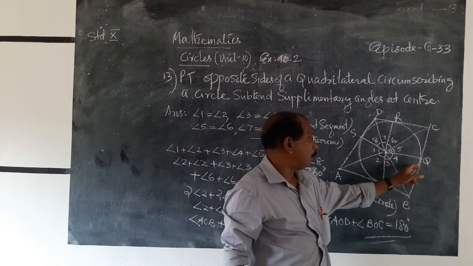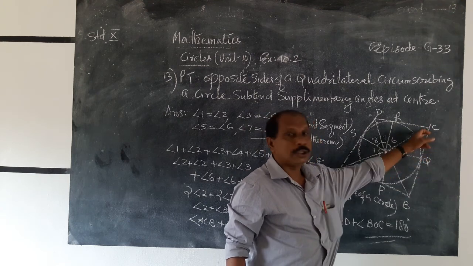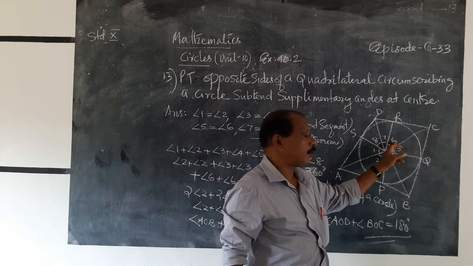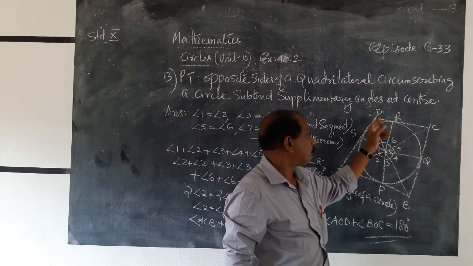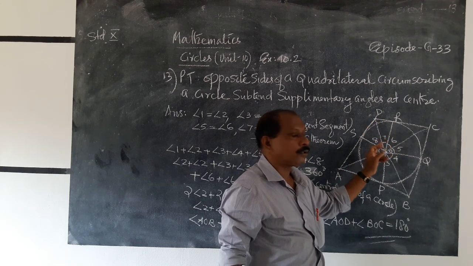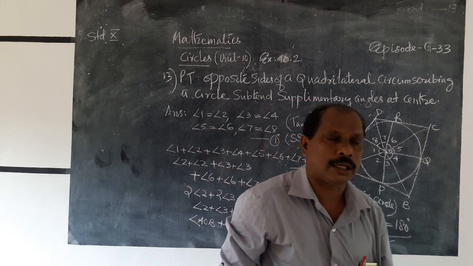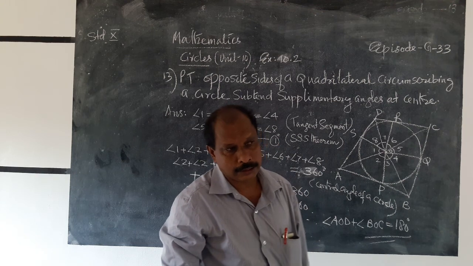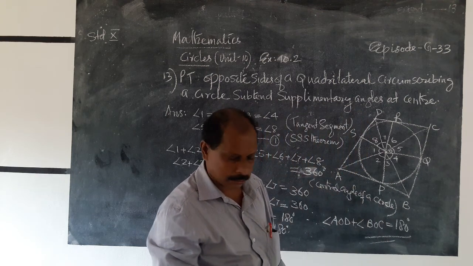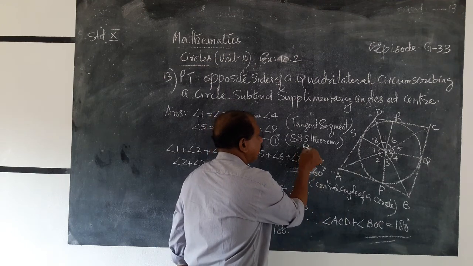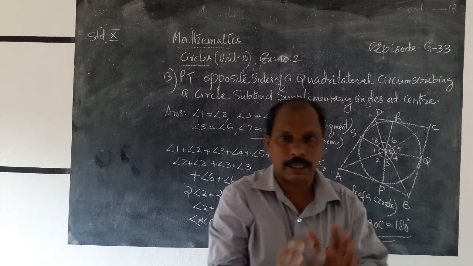BP is equal to BQ, therefore angle 3 is equal to angle 4. CQ is equal to CR, therefore angle 6 is equal to angle 5. And DR is equal to DS, therefore angle 7 is equal to angle 8. That means the tangent segment theorem, and also the triangles are congruent using the RHS theorem or SSS criteria of congruency. Therefore corresponding angles are equal. We prove that the adjacent triangles are congruent.